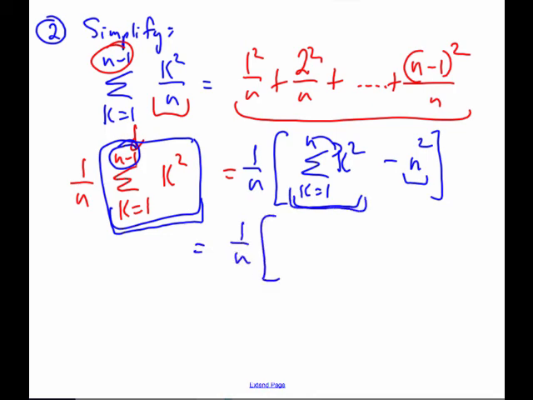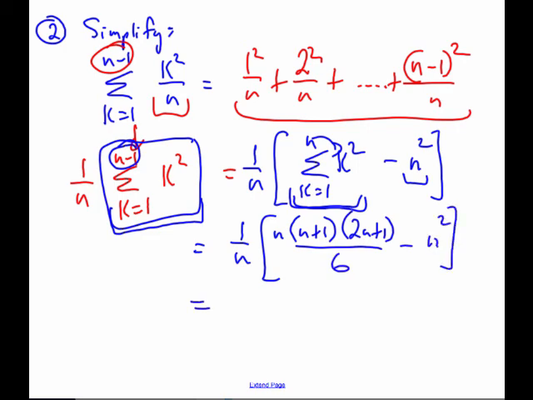Alright, so I'm going to simplify this expression. From my formula, I'm going to get this to be n times n plus 1 times 2n plus 1 over 6 minus n squared. And let's just simplify this expression. We could distribute this through. That would mean that the n's would cancel out of here and here. So we'd have on the top just this.